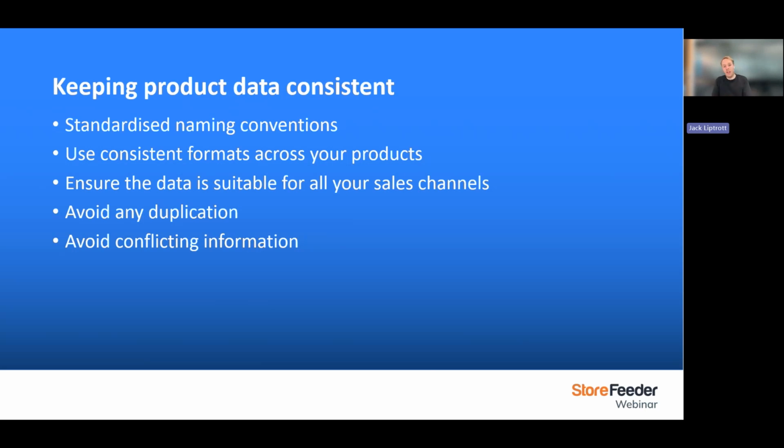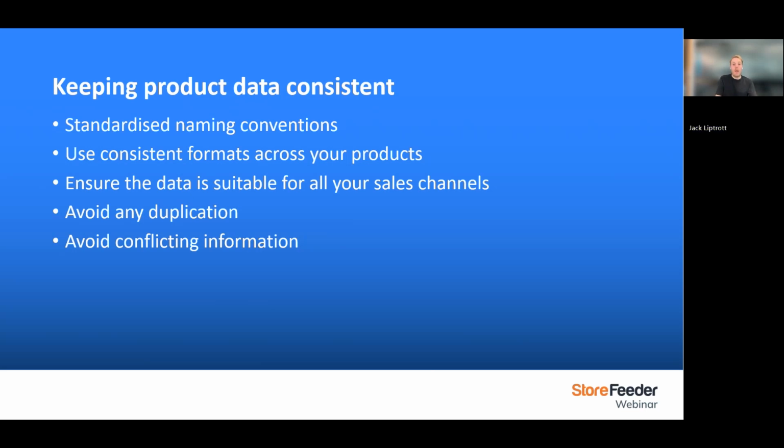But Amazon and eBay as marketplaces, not so much. eBay requires certain sets of information that might not be relevant for Amazon, and Amazon require information that might be relevant for eBay. So what you want to make sure you've done is have information on your product in StoreFeeder that's generic enough that it can be transferred to these listings as you create them, and then you just add any other little specifics you need to as you create the listing.